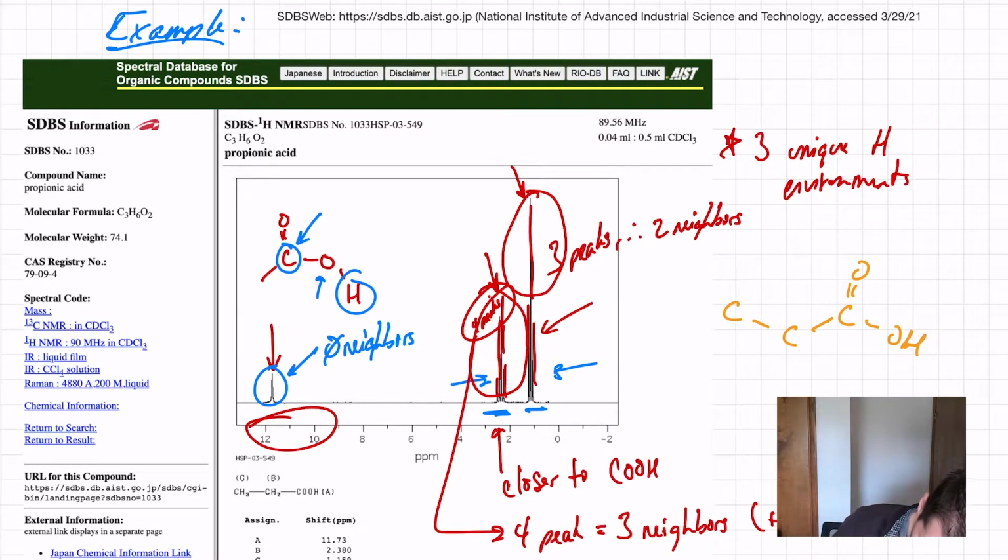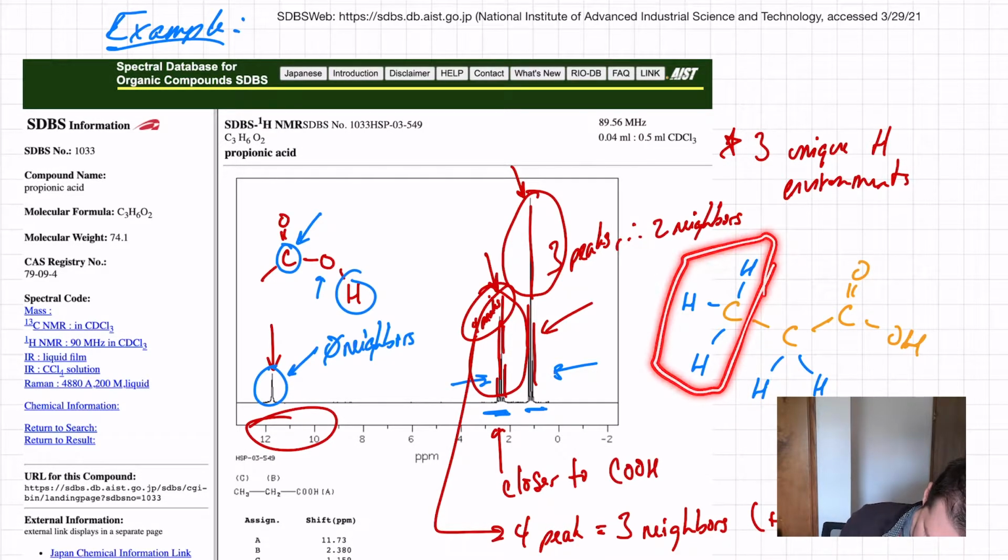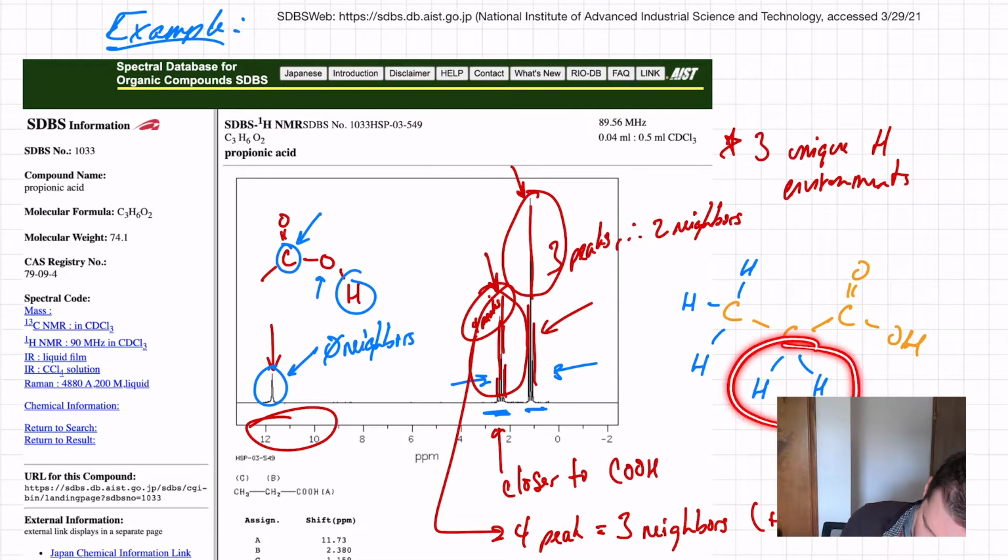If I just draw the hydrogens on here, I already know that it's propionic acid. These protons have 3 neighbors, and these protons have 2 neighbors.